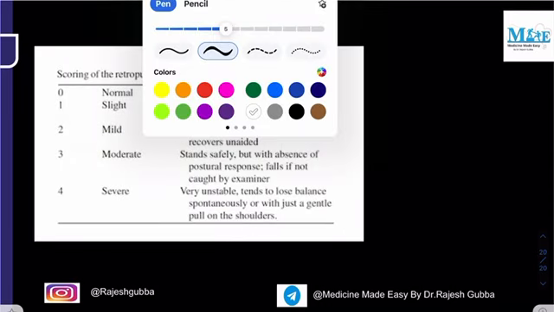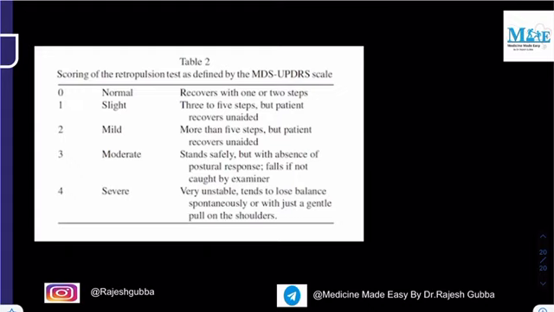Let me tell you. Whenever the examiner releases the backward push, when do you call it normal? The patient recovers with 1 or 2 steps back. That is considered normal postural stability. But if the individual is very unstable and tends to lose balance spontaneously or with just a gentle pull on the shoulders, then we consider it a severe form of Parkinsonism.